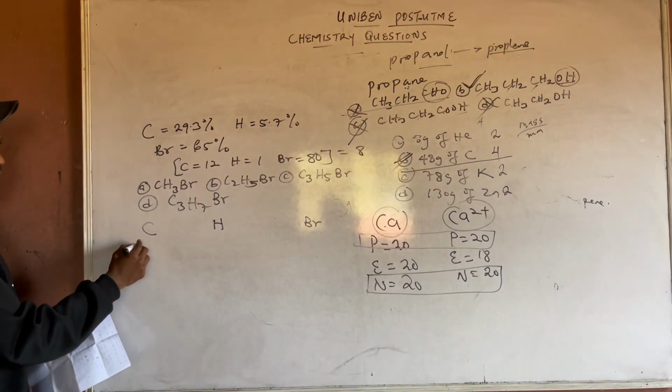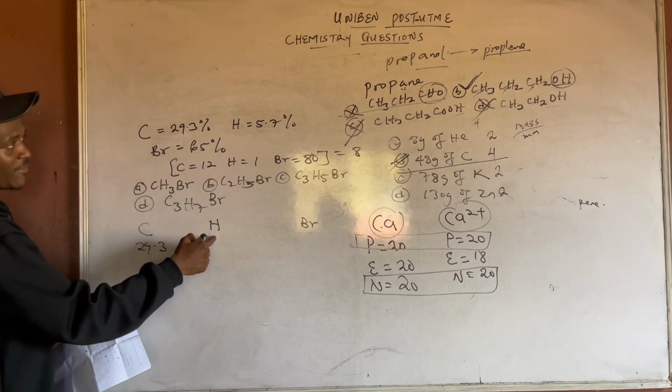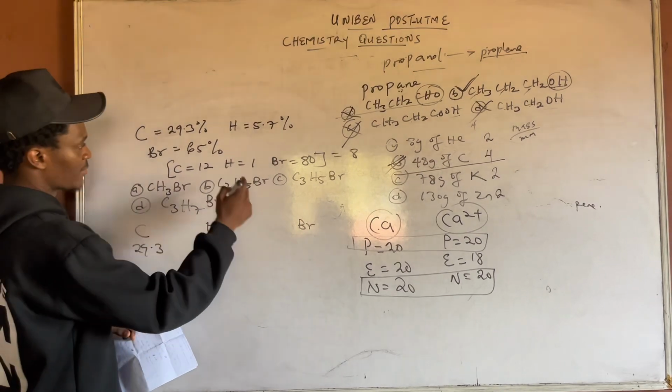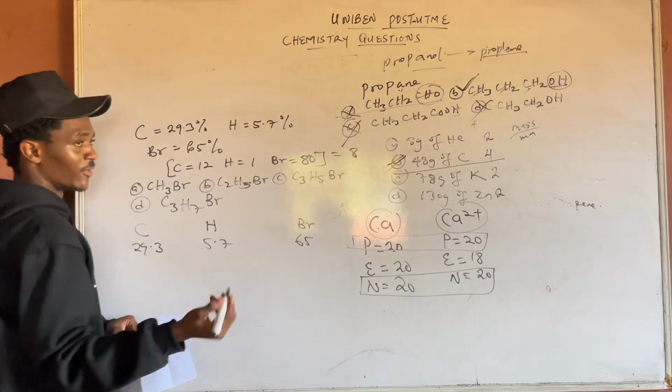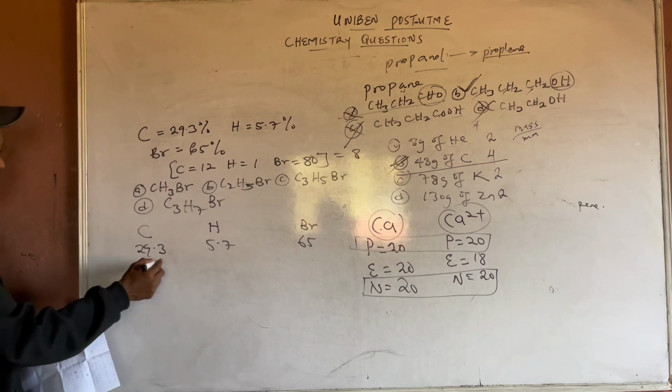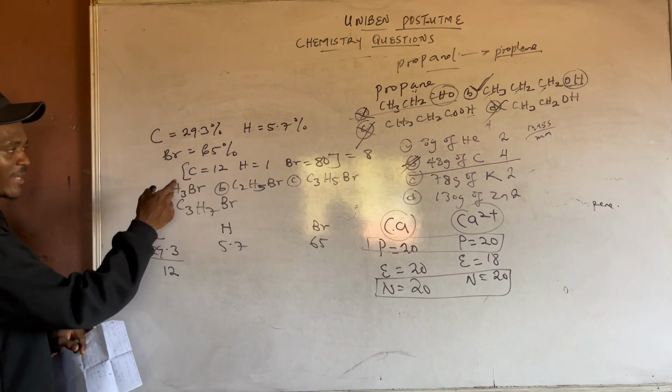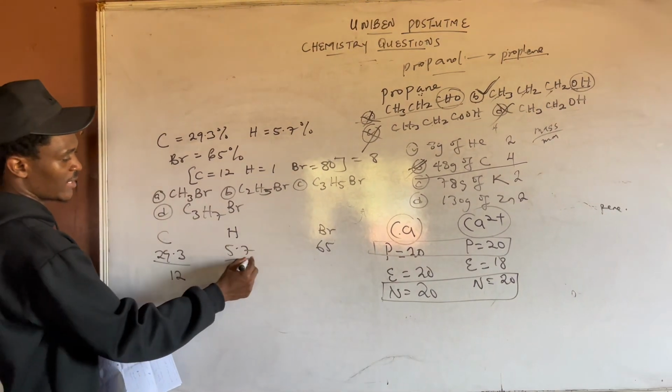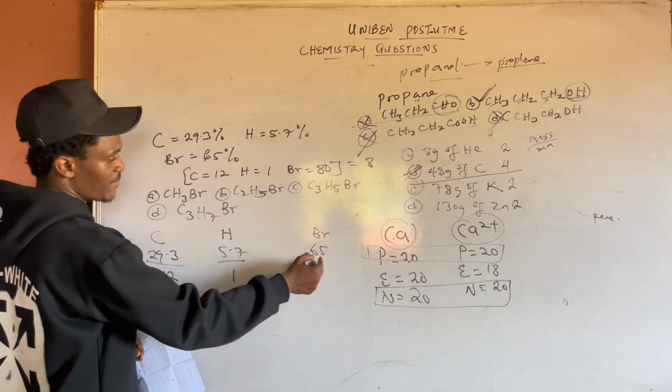Now, the percentage of carbon is 29.3, that of hydrogen is 5.7, and that of bromine is 65. Normal pattern of calculating empirical formula, you have to divide this by the atomic mass of the element. So for this one it is by 1, and this by 80.